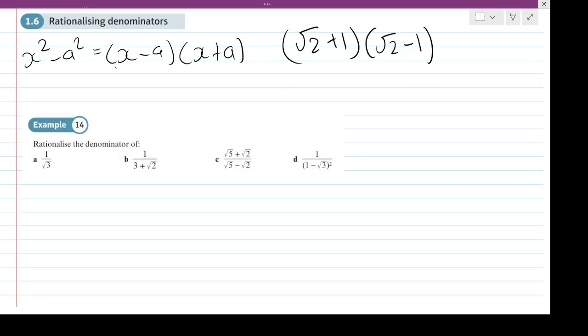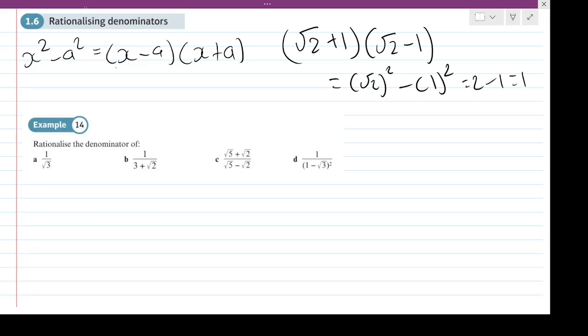So if we were to use this formula for difference of two squares, or alternatively, if we were to expand it out, but recognise that it is a difference of two squares, it's going to be root 2 squared minus 1 squared. Well, root 2 squared is just going to be 2, and then 1 squared is 1. So we have 2 minus 1, which is 1.